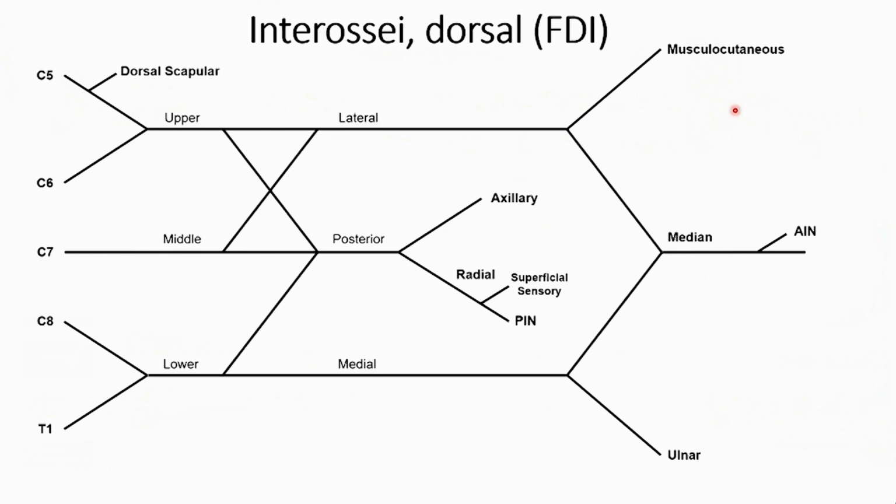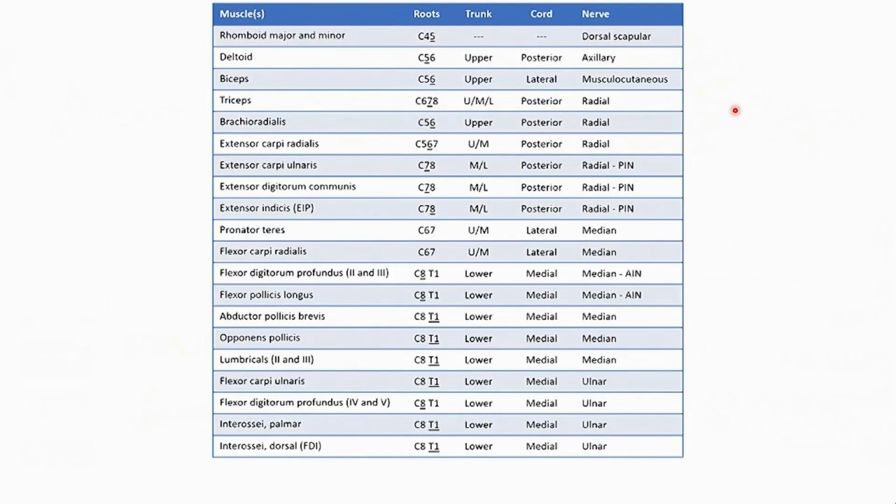Interossei, the dorsal interossei, primarily thinking of the FDI, the first dorsal interossei, is really important for our EMG examination. C8, T1, lower trunk, medial cord, ulnar nerve. Primarily T1.